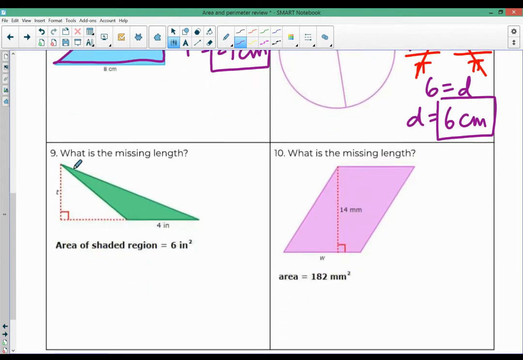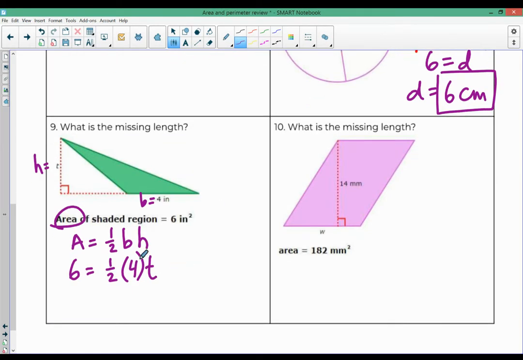Last two. What is the missing length? So we have a triangle here. This will be the height that we need. So this is height. This is the base, and we're talking about area. So area of a triangle is 1/2 base times height. And now I'll just plug in what we know. So we know the area is 6. 1/2 base is 4 times the height, which the variable they used is t.